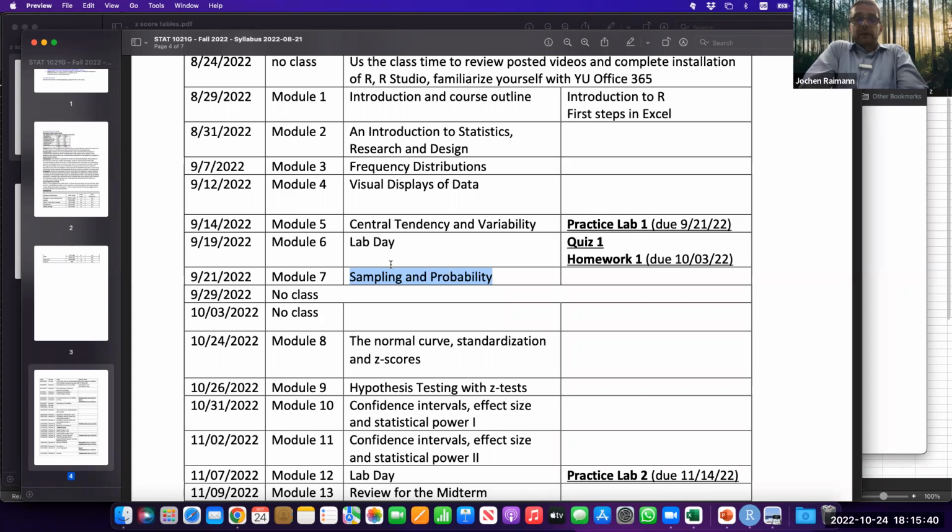Then we utilize this to estimate the probability of randomly picking an individual with a certain condition from your sample. When you think of a so-called prevalence of a disease in the population, let's say in the population of New York City you have a prevalence of diabetes of 10%.